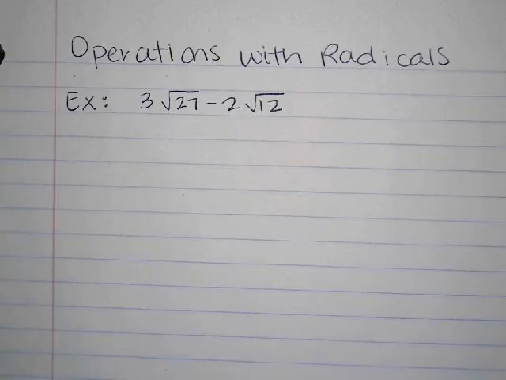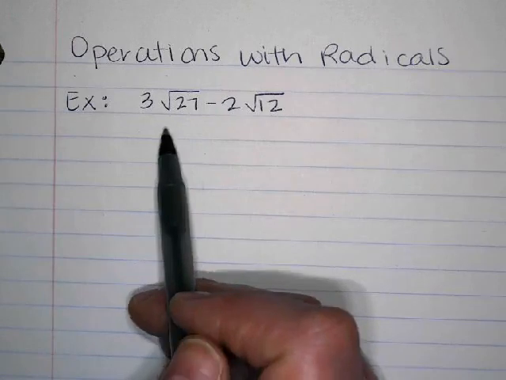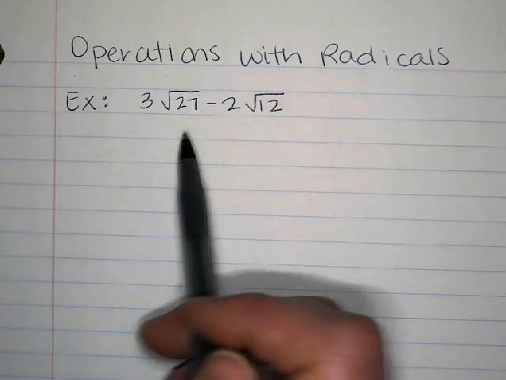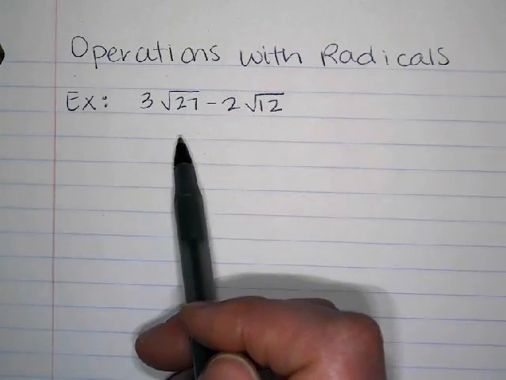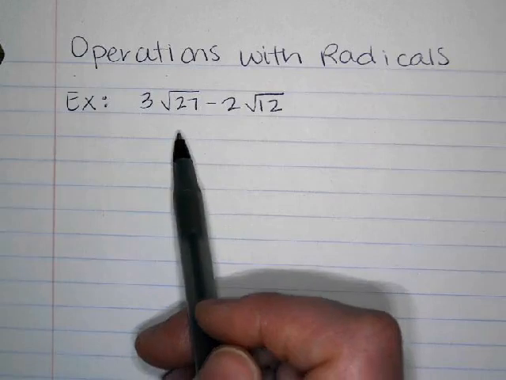Are they square root 3's? Are they square root 5's? If we look at this problem, we have a square root 27 and a square root 12, and I can't subtract them the way that they're written right now.